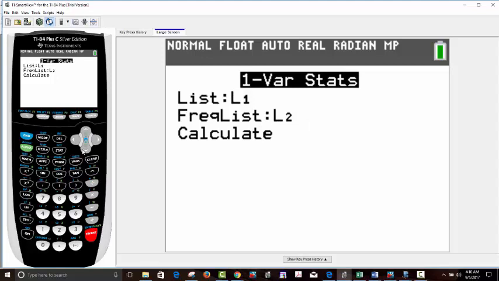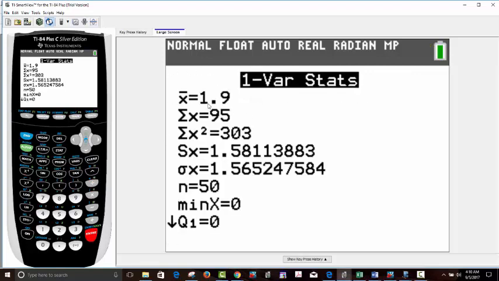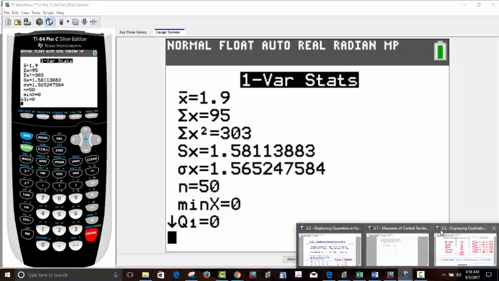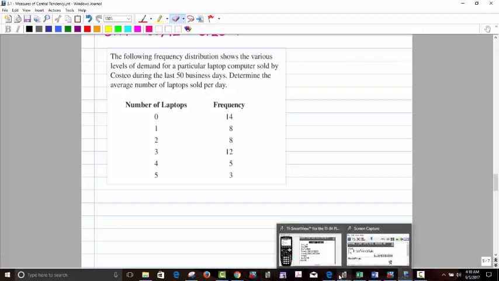And of course, make sure you get rid of that L2 whenever you're not doing what I'm doing right now. Go back to leaving it blank, and you go calculate, and then the mean right up there at the top was 1.9, even though I erased it here, but you saw me go 95 divided by 50, that gave me the 1.9.